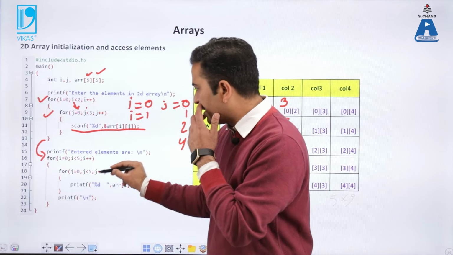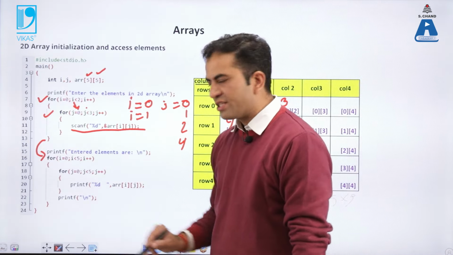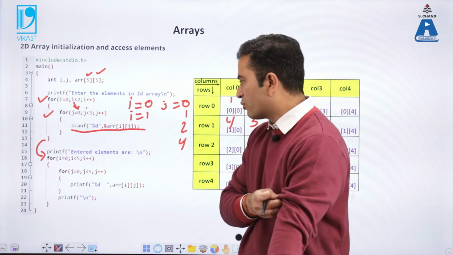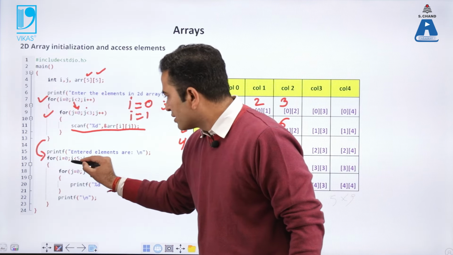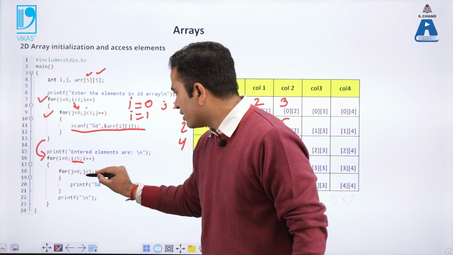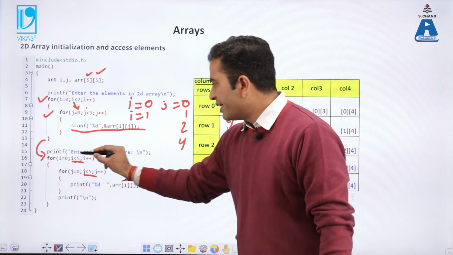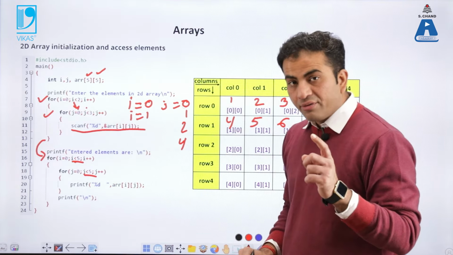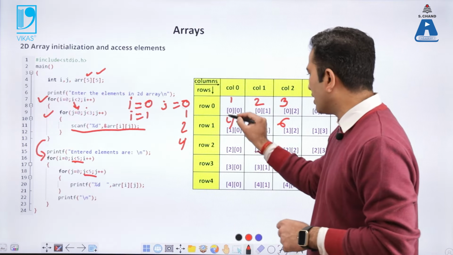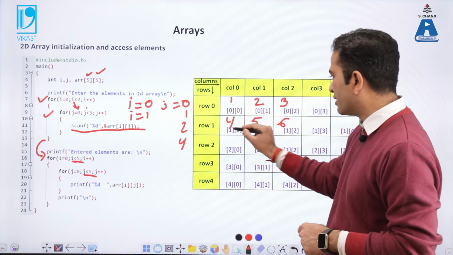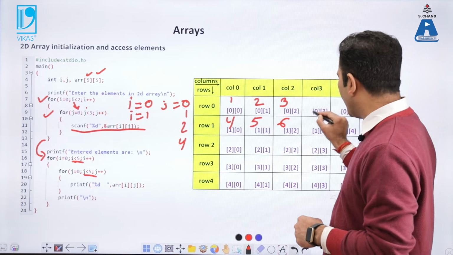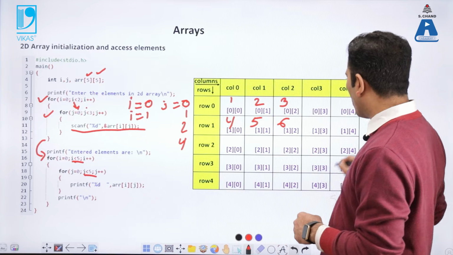Now display the elements. See here, again a nested loop is there to print the elements of the 2D matrix. This loop is running 5 times and this loop is also running 5 times. What does it mean? It means it is printing 25 values, but we have inserted only 6 values. It will print these 6 values as well, and it will print the remaining values. So what are the remaining values?